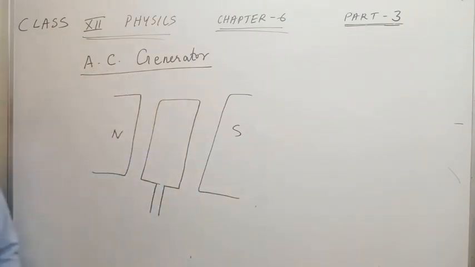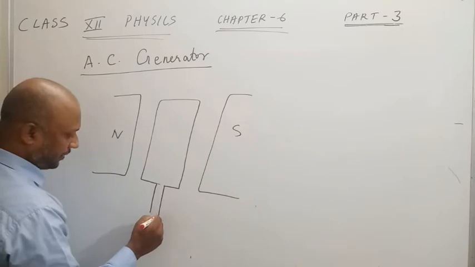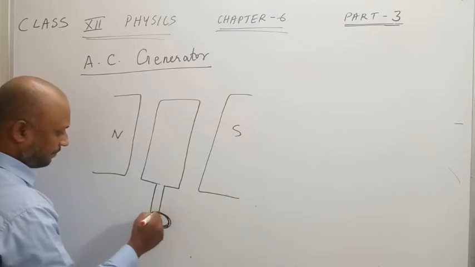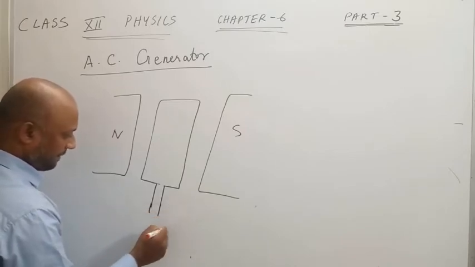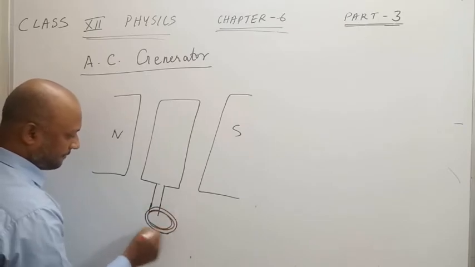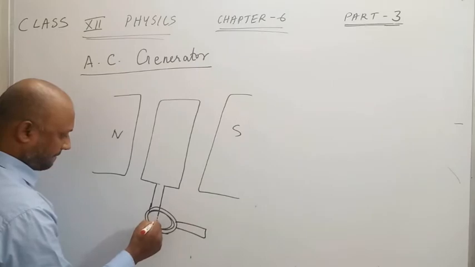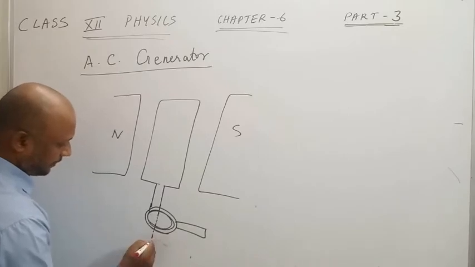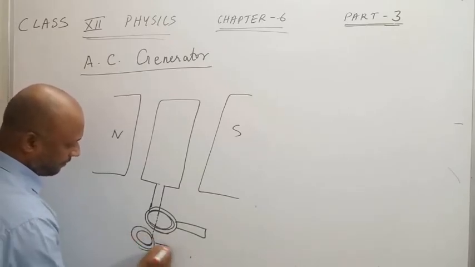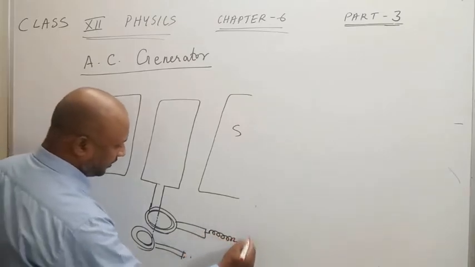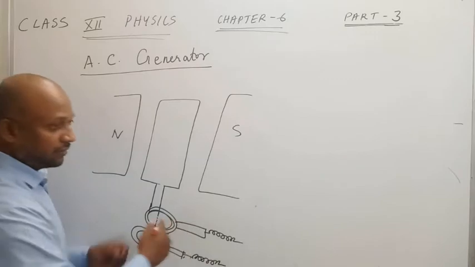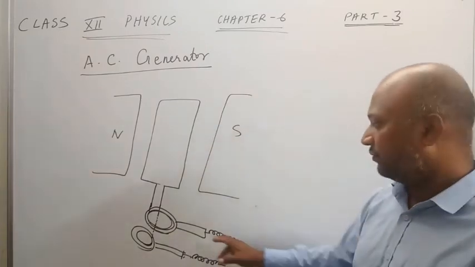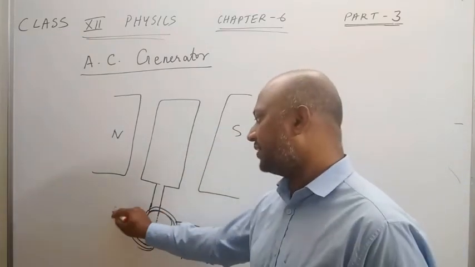So rectangular loop, and this loop has some rings, with a brush, with another brush, this is spring, and which make them to stay very tight with these rings. So these are called actually slip rings.